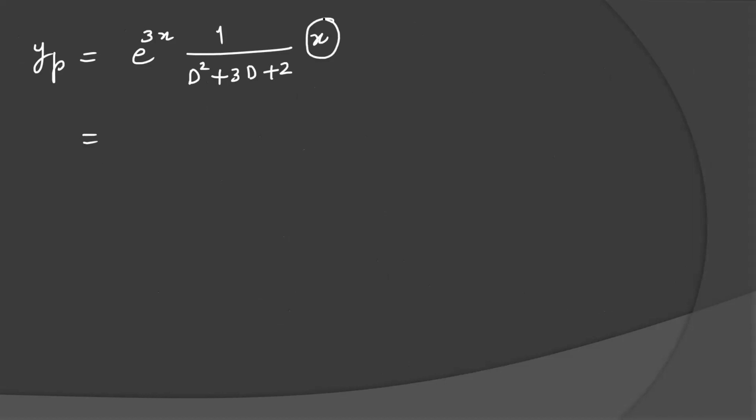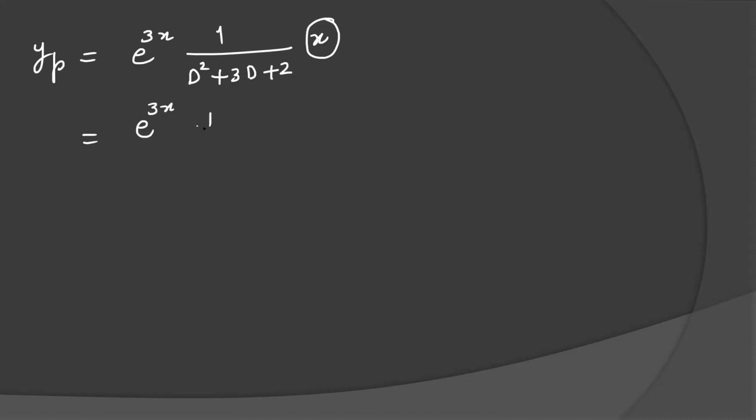So particular integral is equal to e to the power 3x, 1 over D square plus 3D plus 2 into x. This is a polynomial function. I told you, if you are going to tackle the polynomials, then you have to use binomial expansion in the index and make the constant term 1.